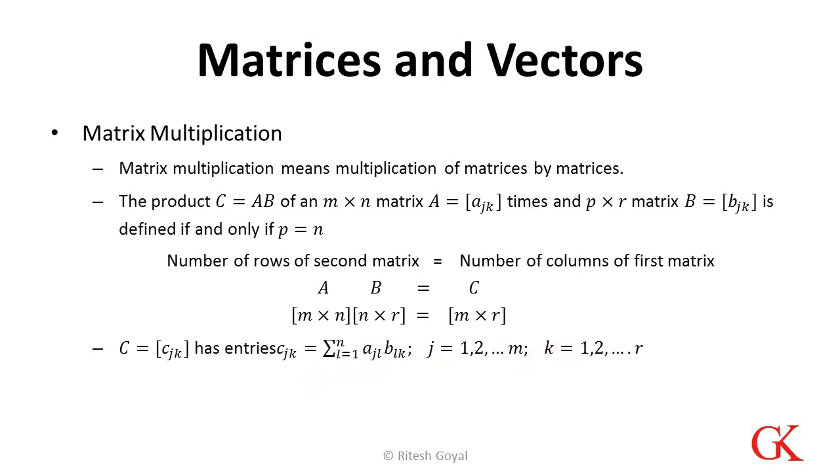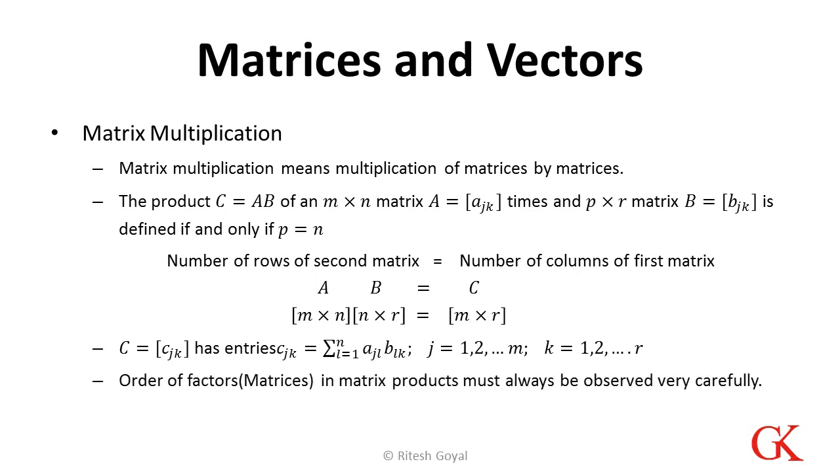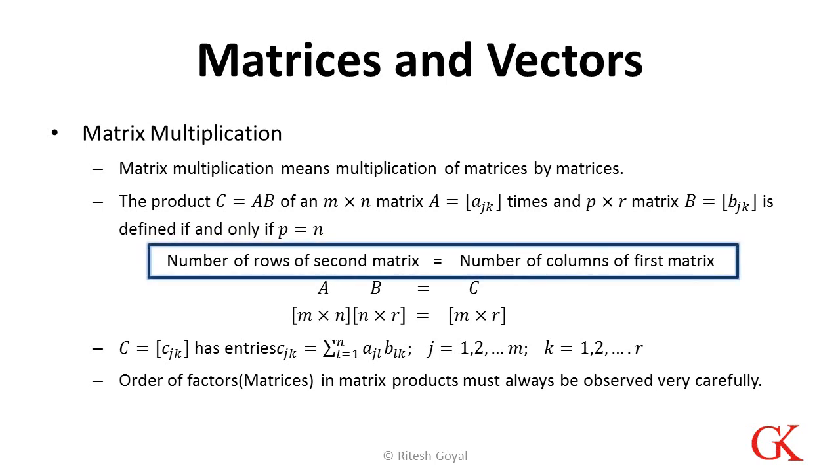We can make it simple when we see the next slide. Always remember, the order of factors in matrix multiplication must always be observed carefully. What I mean by that is that the number of rows of the second matrix should be equal to the number of columns of the first matrix, and it should always be remembered.